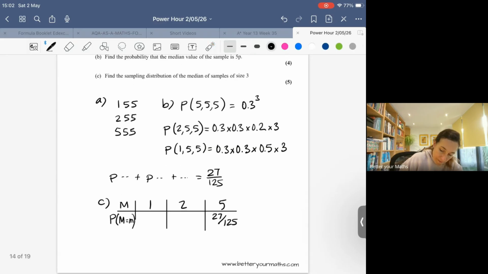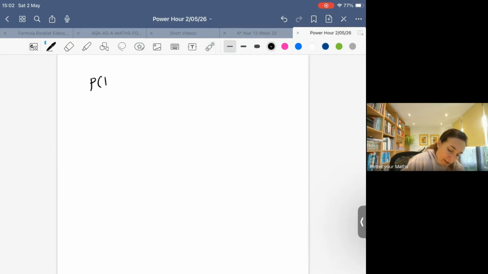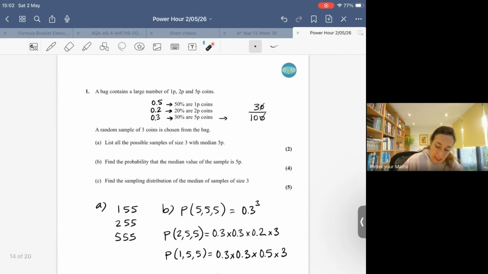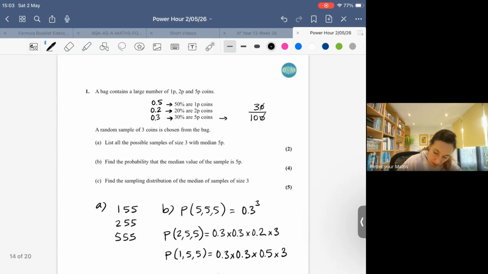So I'm going to do the ones. Probability of 1, 1, 1 was 0.5 cubed. Probability of 1, 1, 2 is 3 times, because again the 2 can be in 3 different places, 0.5 squared, and then a 2 was 0.2.